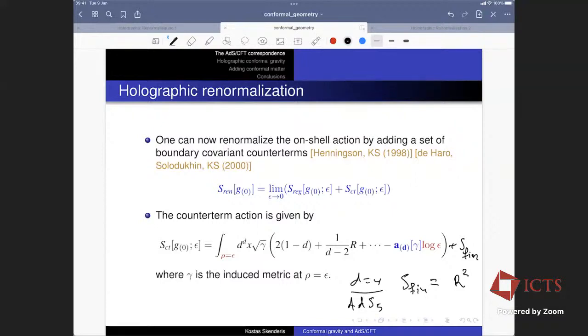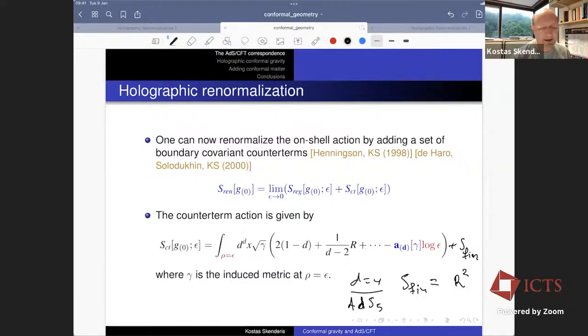I see. So in a CFT, what does this scheme dependence correspond to? In a CFT, you can always add to the action a finite term that depends on sources.